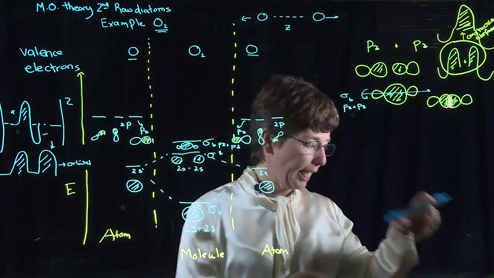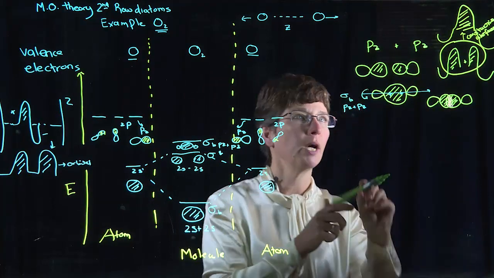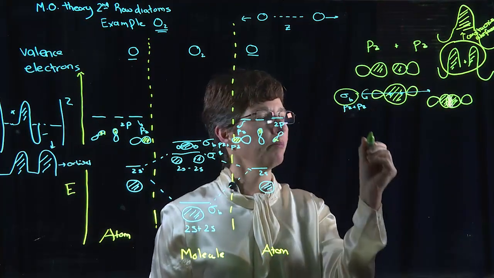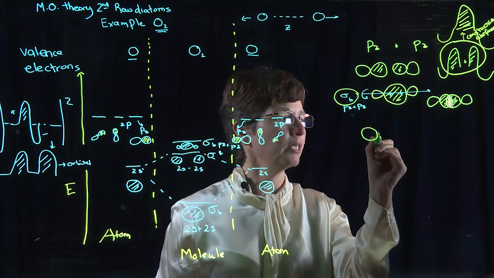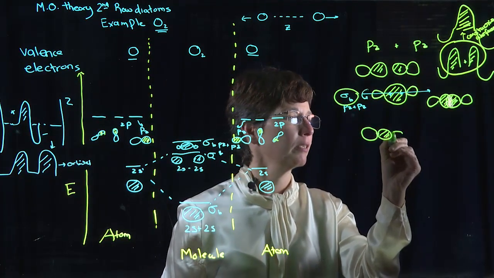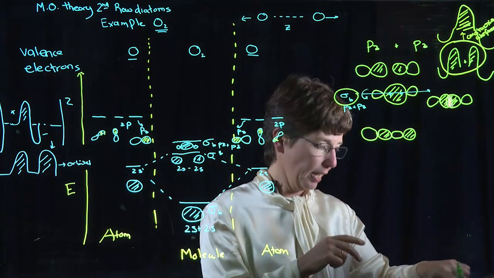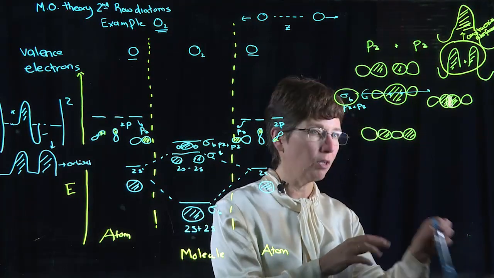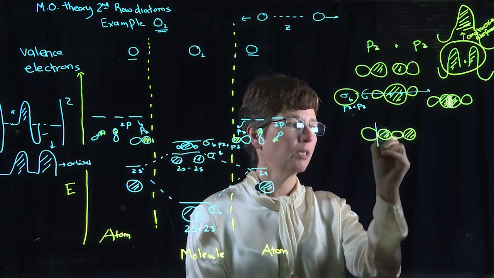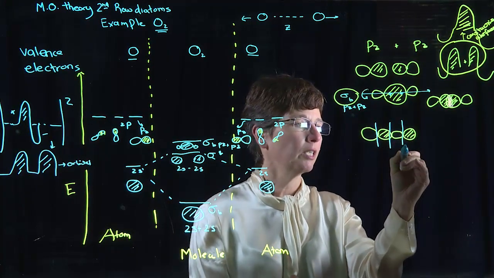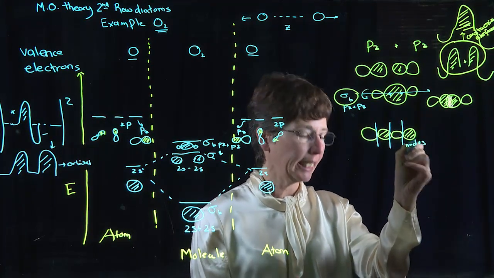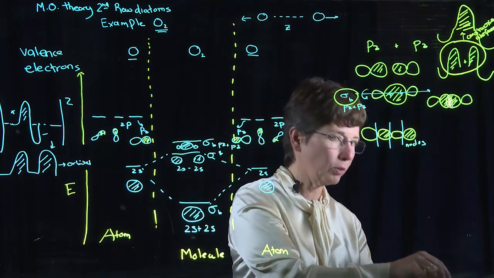And then I have to do the anti-bonding combination as well. So this was my bonding combination. In the anti-bonding combination, it's like I'm going to be adding the negative. And so in this, I'm going to have lots of nodes. These are nodes. This indicates a higher energy orbital structure.